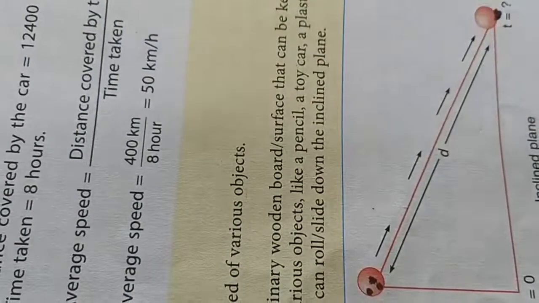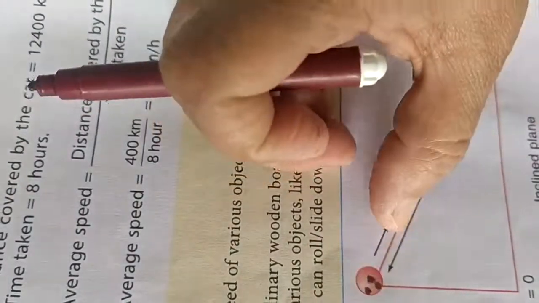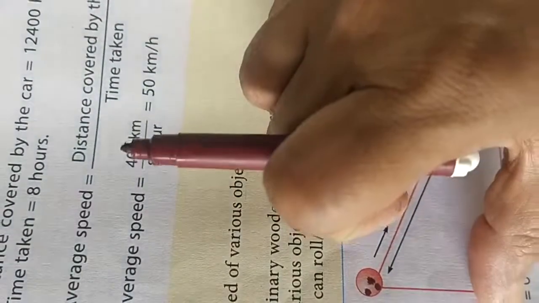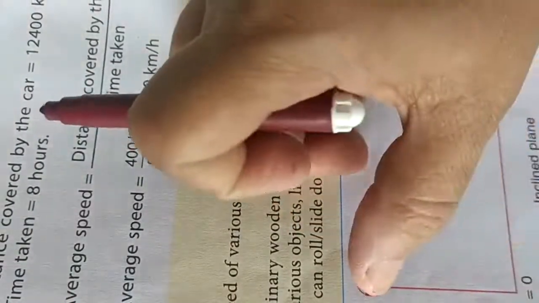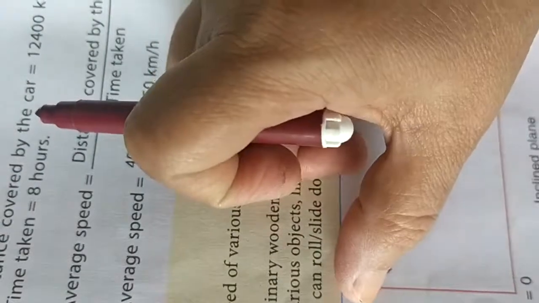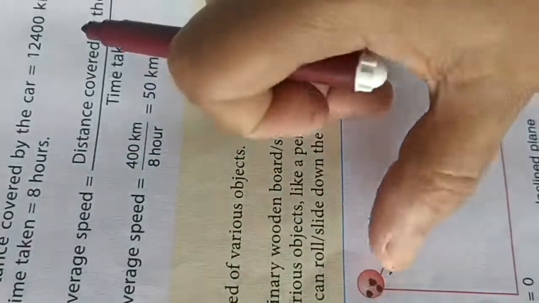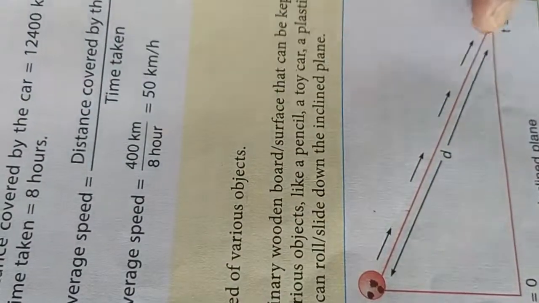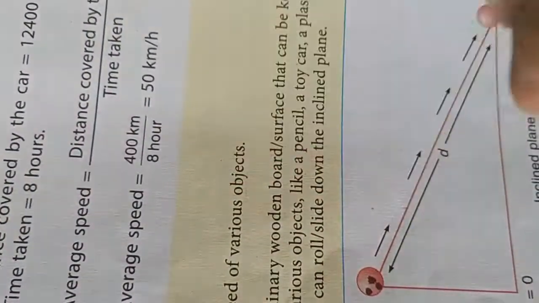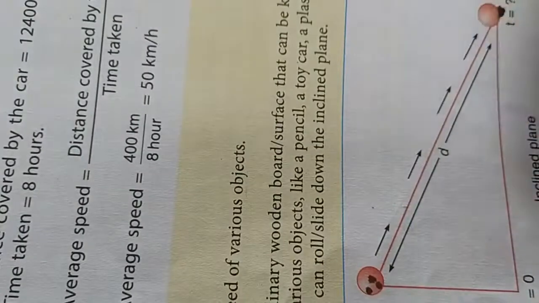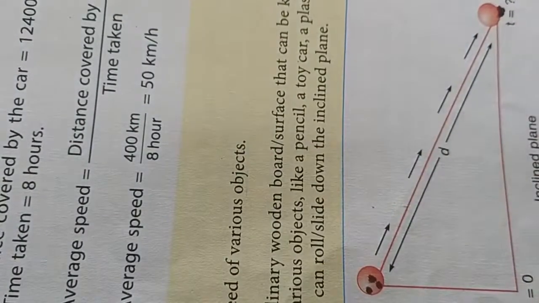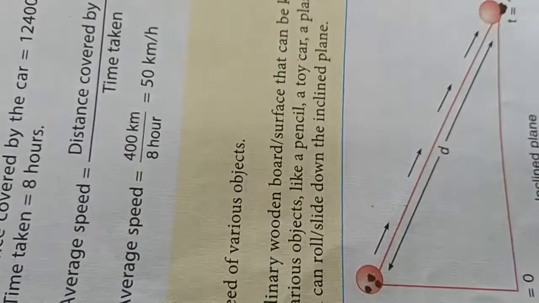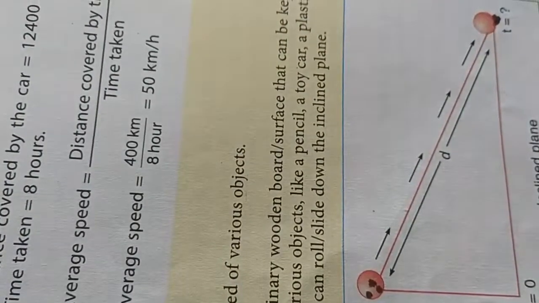So two things you are getting easily, that is the distance and the time. Now, if you are getting these two data, the time as well as the distance, then you can easily calculate the speed.